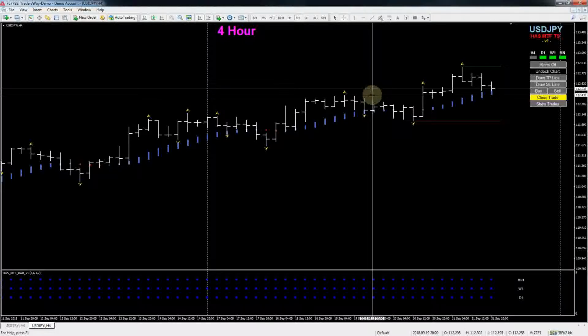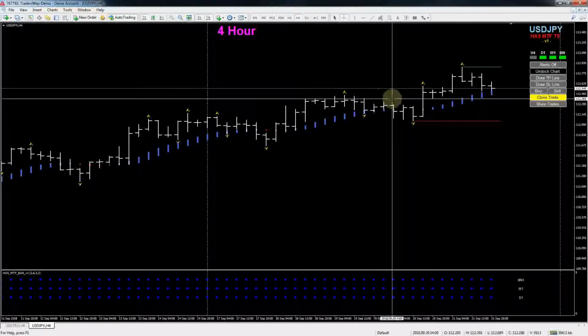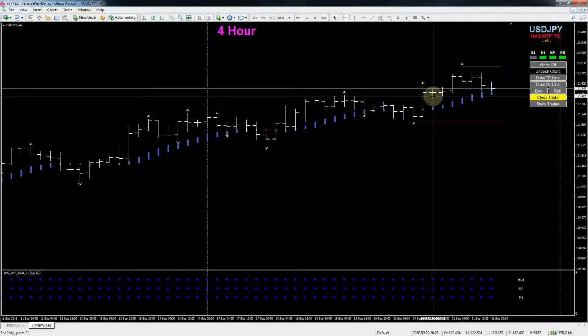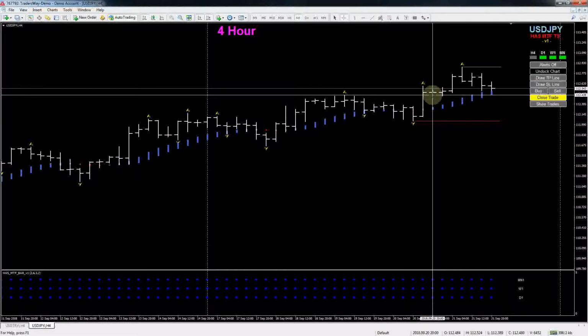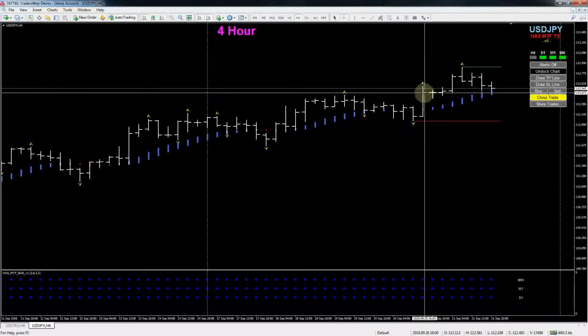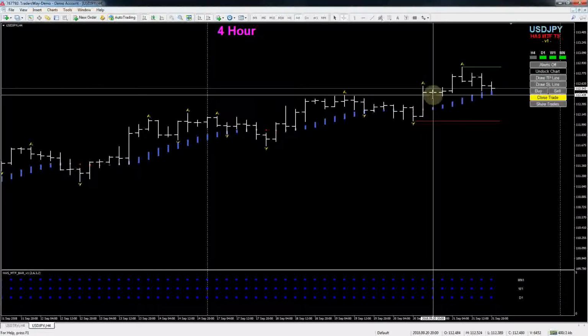Okay, so this is where that long breakout line would have been. But it wouldn't have gone because if our signal appeared over here, the previous candle has to be closed below our breakout line, which it wasn't. It closed above it. And so our signal would have had to happen back here.